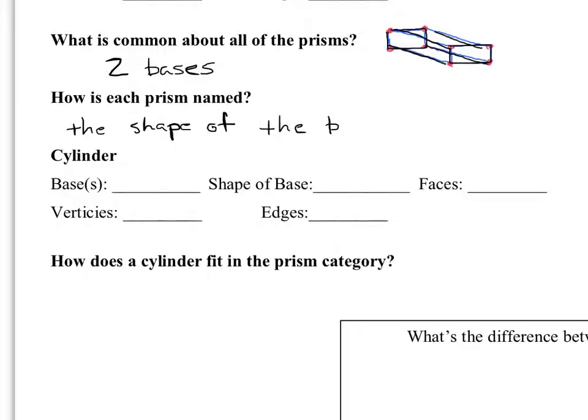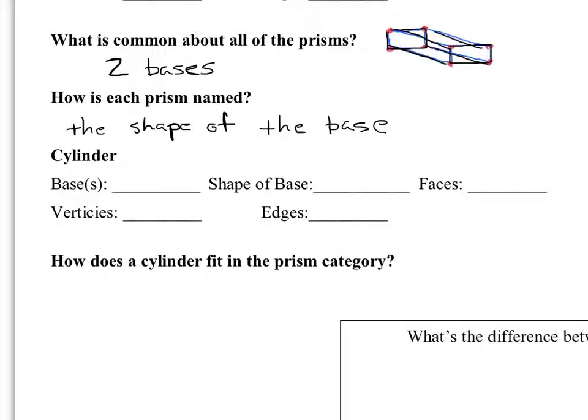So when we see that it has 2 bases, that tells us it's in the prism family. So its last name is prism. And its first name is the shape of its base. So if those 2 bases are triangles, then its first name is triangular. If its bases are rectangles, then its first name is rectangular.